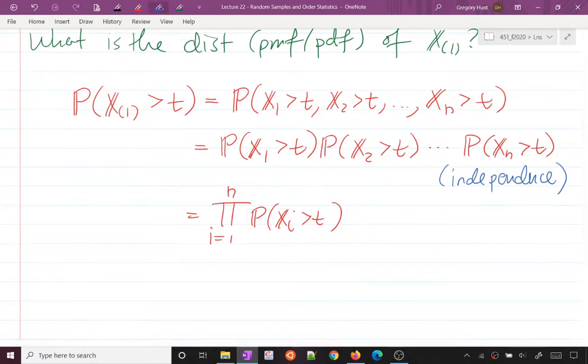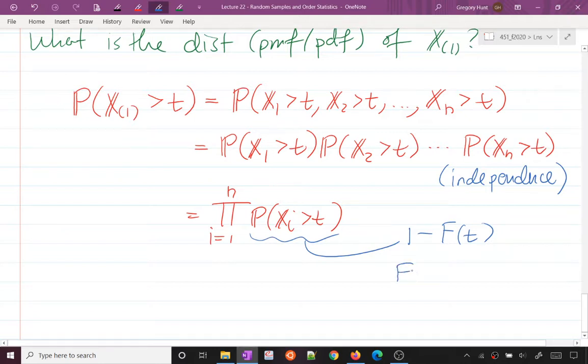Now, the probability that x sub i is bigger than t, this is going to be 1 minus the CDF of x sub i at t. Right? The CDF would be the probability x sub i is less than or equal to t. And they're all identically distributed. So they all have the same CDF, so we can generically denote F as the CDF of any x sub i.